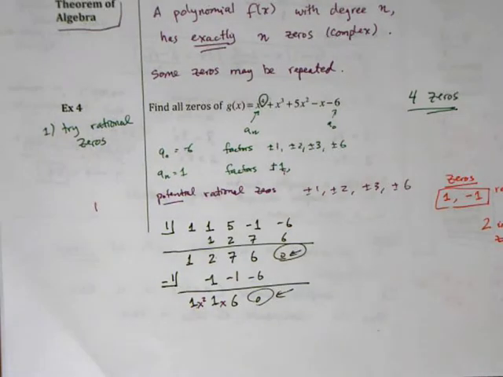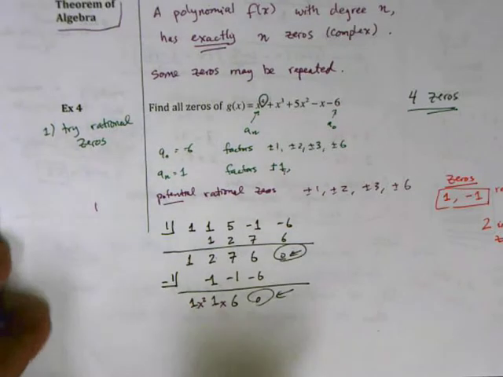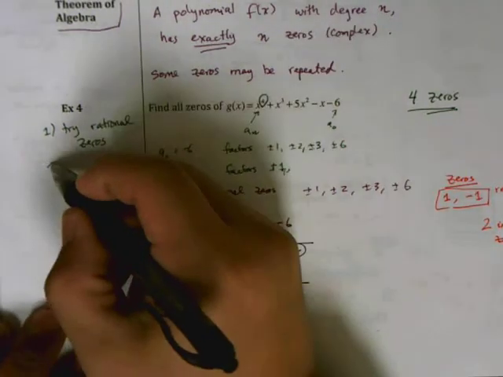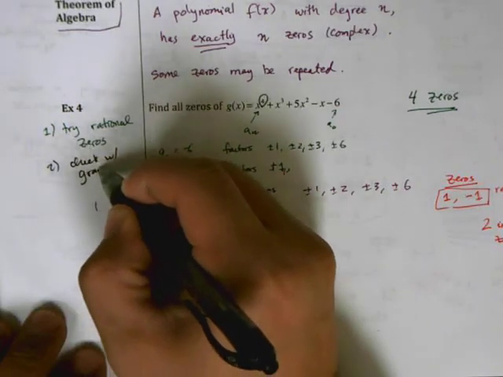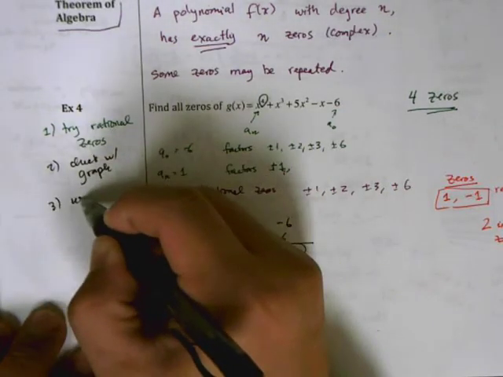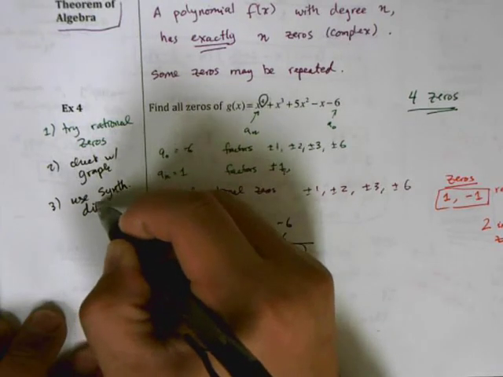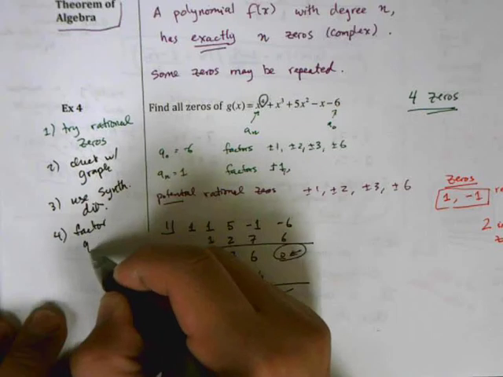And I'm going to factor this, and just to switch it up a little bit here, I'm sorry, I should really write down my steps here. Try potential zeros, check with graph, and then use synthetic division, and then factor quadratics.